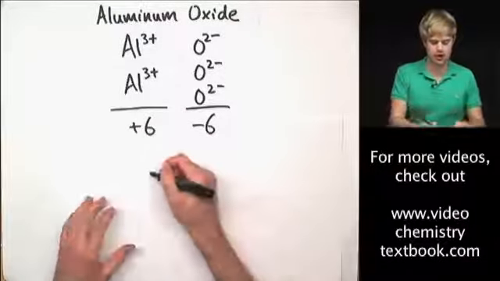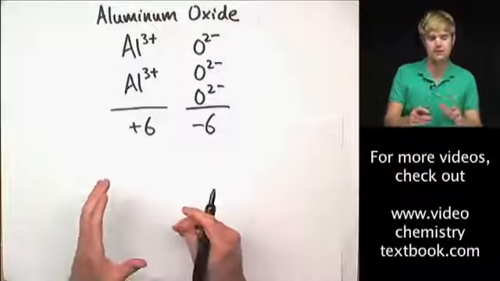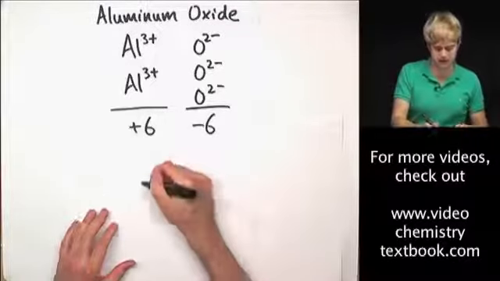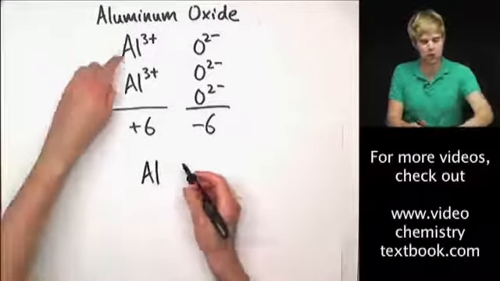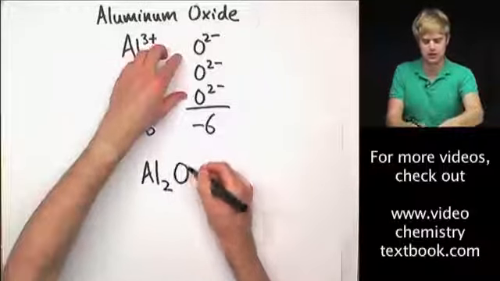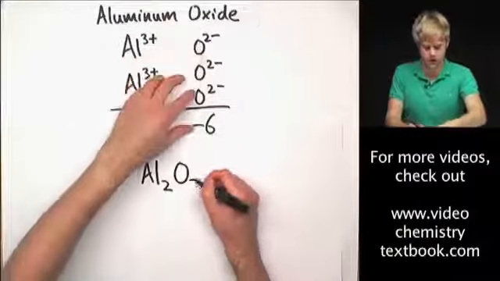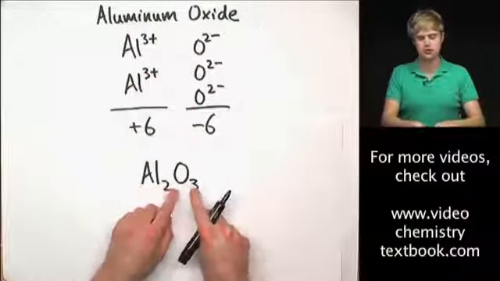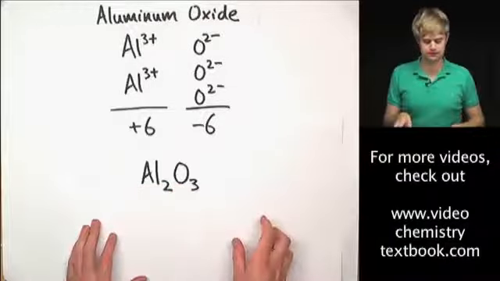Now I'm going to write the chemical formula to show how many of each I need to have. That's going to be Al2 and oxygen 3. I have 2 aluminums and 3 oxygens.